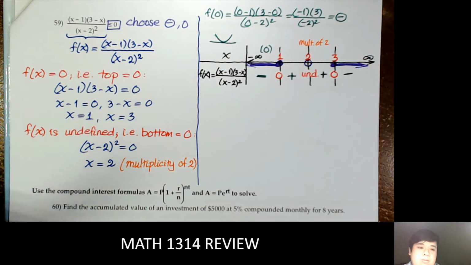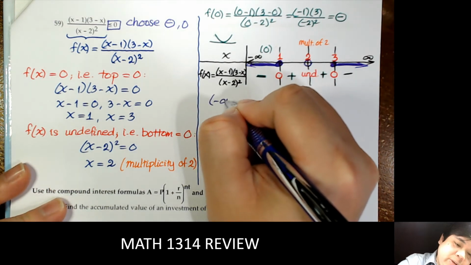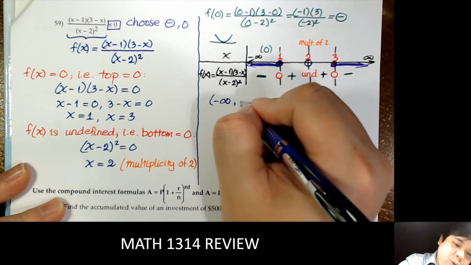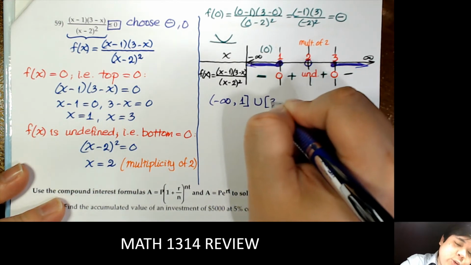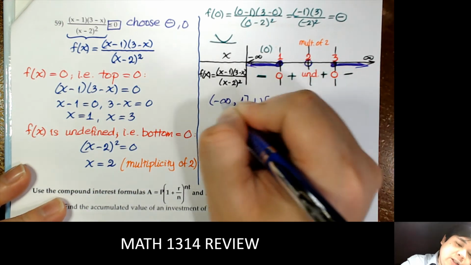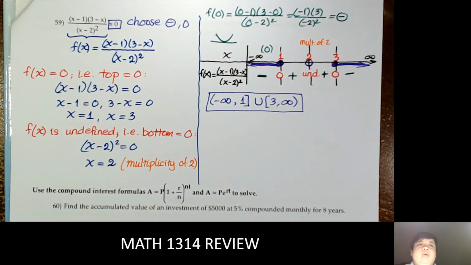Right, so that is our answer. So we say x from negative infinity to 1, including the 1, or from 3 to infinity. Right, so that's what we have.